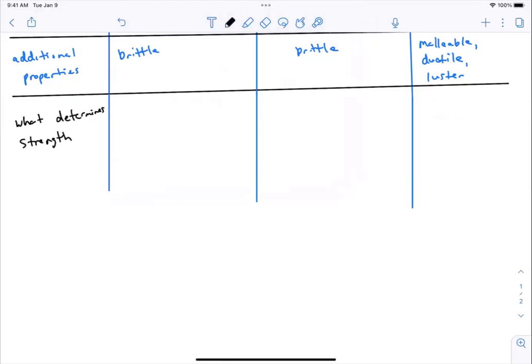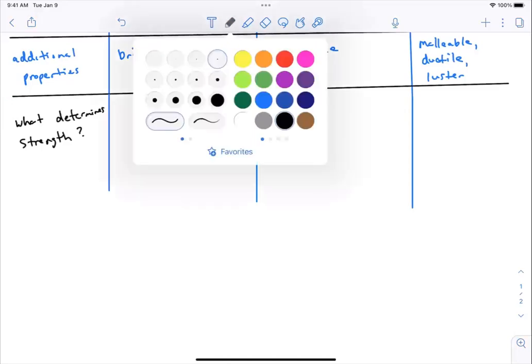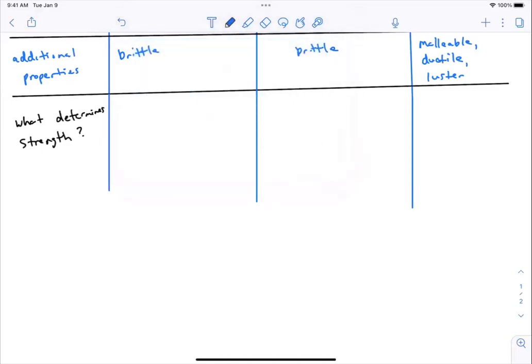So what we're talking about here is if I'm comparing two ionic compounds, what do I look at to determine which one's a stronger bond? So for ionic compounds, and this might be a little HL, but I still think it's important, it is the ions' charges and the ionic radii.